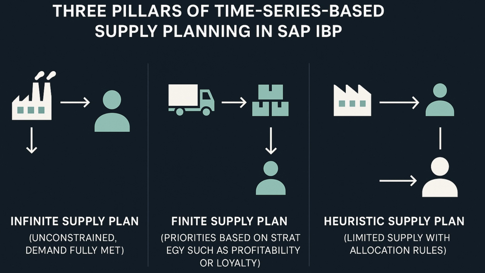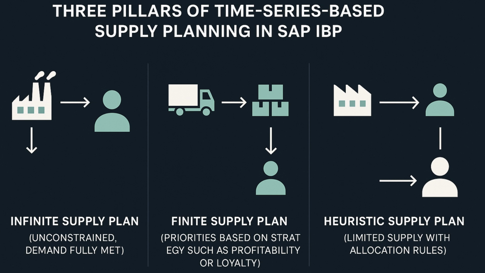These pillars work together to give planners a complete view from ideal world planning to realistic allocation decisions. By comparing unconstrained and constrained scenarios, organizations can identify gaps, evaluate risks, and make better informed choices about investments, priorities, and customer commitments.